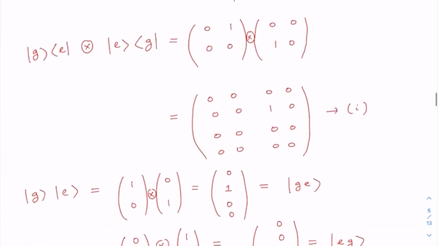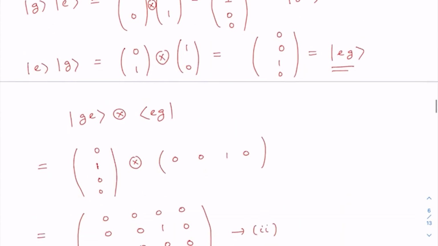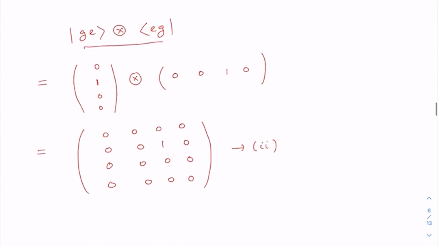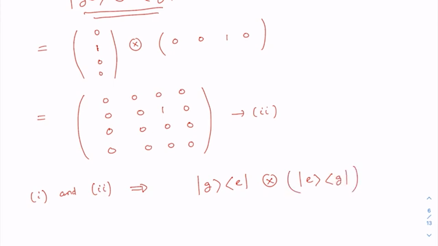So if I compare 1 and 2, this is 1, and this is my 2. If we compare both sides, both the expressions 1 and 2 imply that ket z bra e tensor product with ket e bra z we can write as ket z e bra e z.